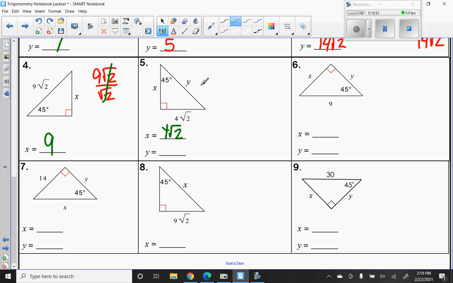Formula above says to get the hypo, take leg times radical 2. Well, 4 radical 2 is the leg, and I'm going to times it by radical 2. So let's see what happens. Whole number, radical, radical. Radical 4 is a special number. That becomes 2. This is really 4 times 2. Your hypo is 8.